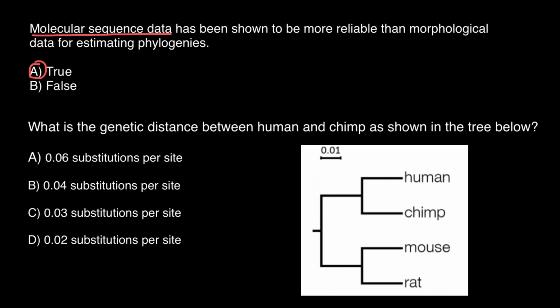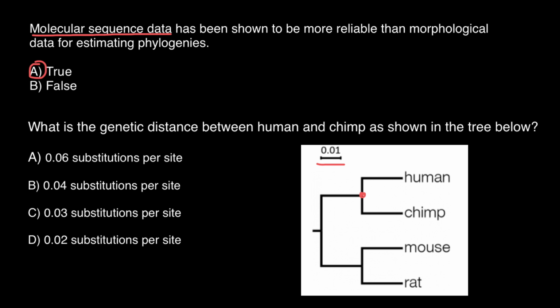And next question: what is the genetic distance between human and chimp as shown in the tree below? Here's a reference fragment which represents the number of substitutions per site per certain amount of time. Some of you may think that our logic has to be as follows.